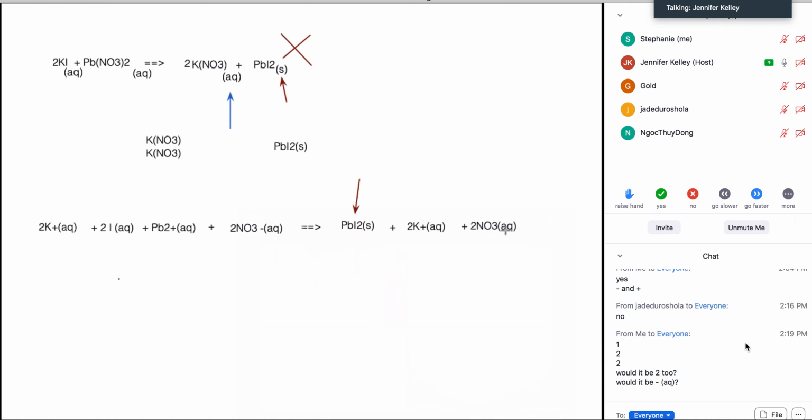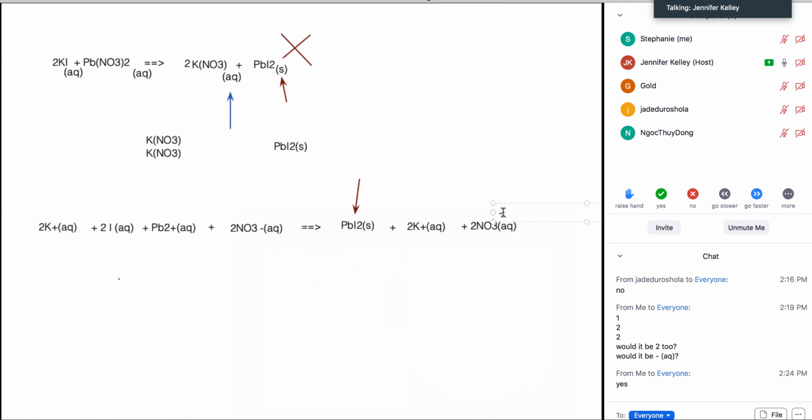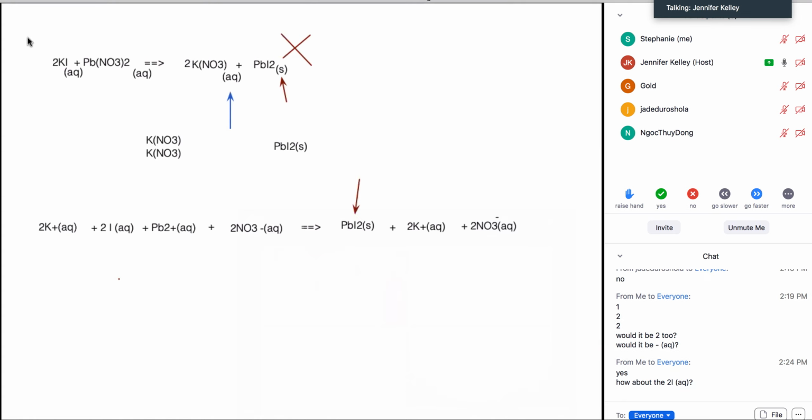You mean the nitrate? Yes, it would be NO3 minus. You are correct. I need to put a minus symbol there. I missed that, so we'll just imagine that it's down there. Okay, so NO3 minus, you are correct. And then with the potassium nitrate, we have this 2 right here.